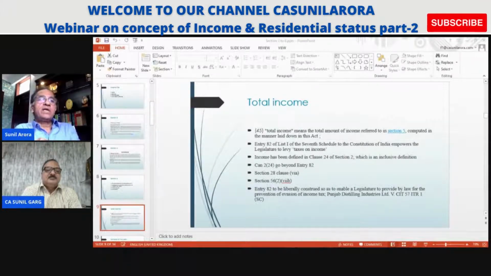A corresponding amendment has been made in the definition of income also under section 2(24). Now, let us understand the concept. What is happening here, what are we trying to do?